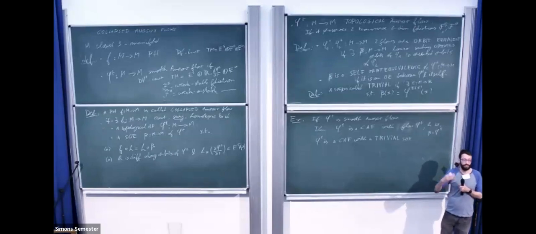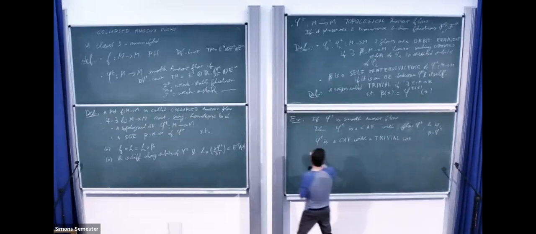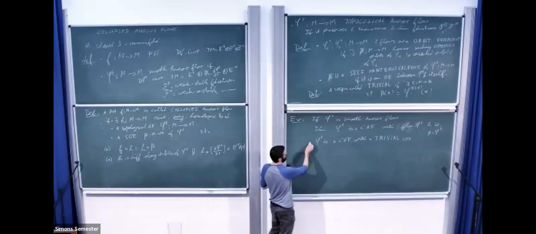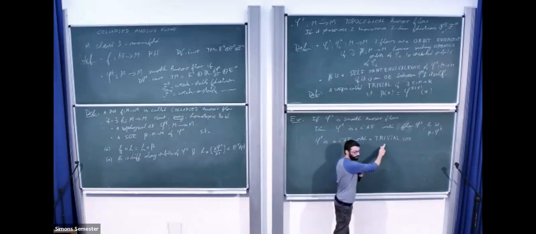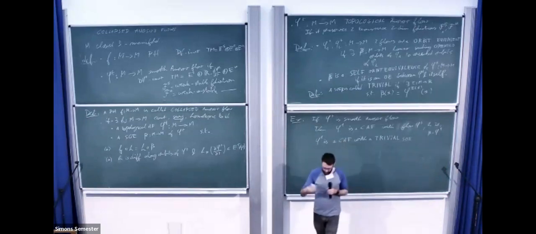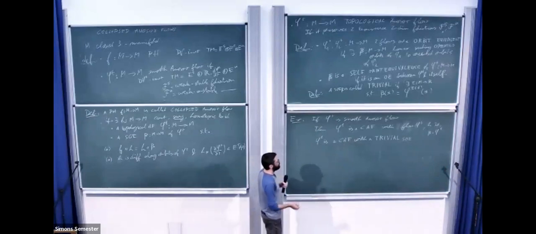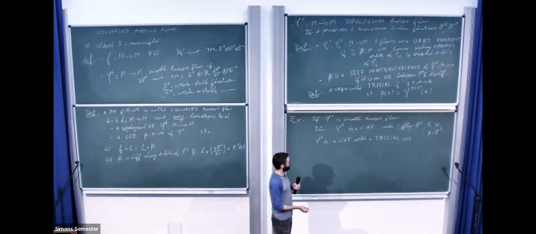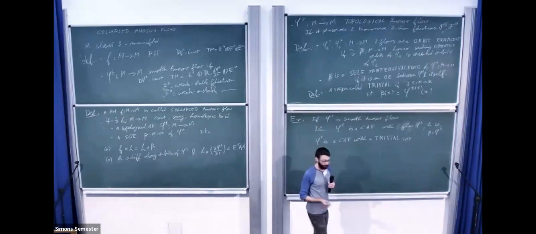It fixes every single orbit. This is actually a class of CAF with trivial SOE that's been studied under different names by different people. And I'm going to give you our name because I'm allowed to do that, right? So we call those discretized Anosov flows.